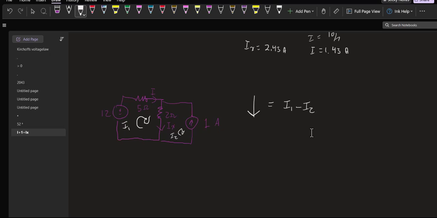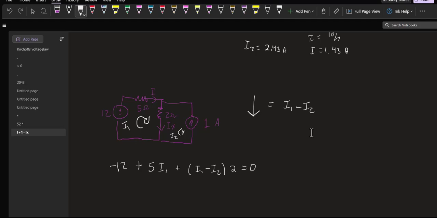So now as I do my mesh from the left-hand loop, I'll have minus 12 plus, there's only one current going through that top branch, plus 5I1. There's two currents going through this middle branch, and so that is going to be I1 minus I2 times 2 equals 0.